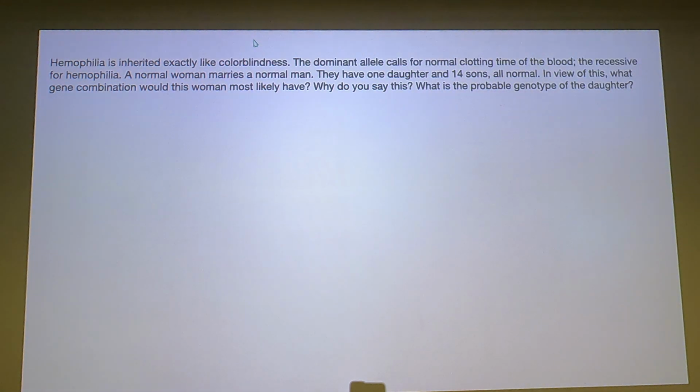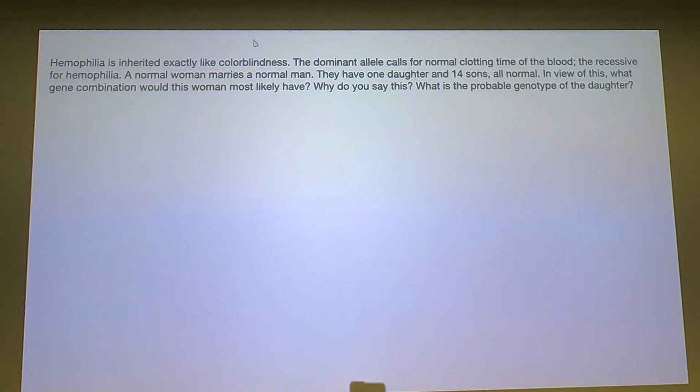What is the probable genotype of their 1 daughter? Homozygous for the dominant allele. Yeah, she's probably got 2 copies of the wild type allele, one from dad, one from mom. And she genetically, on this one locus, would look just like her mother. Okay, that's nice to know.